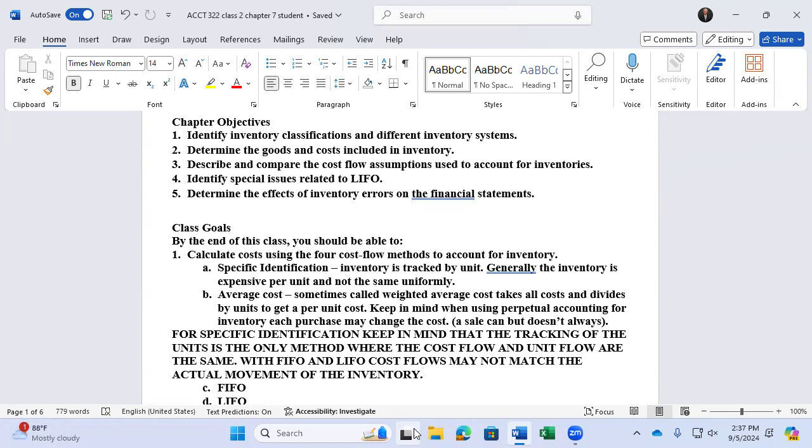Cost flows don't have to match; you have the physical asset of the inventory, and then you have costs. So all these we're talking just flows. It doesn't necessarily mean the inventory moves in that same way. With specific identification, it does. You're telling me that form is coming, so that form is going to case that, and that's the one.